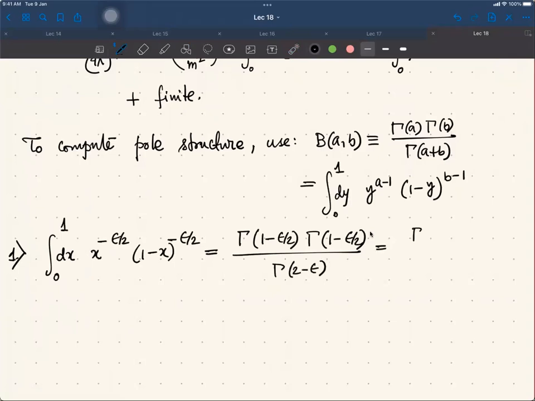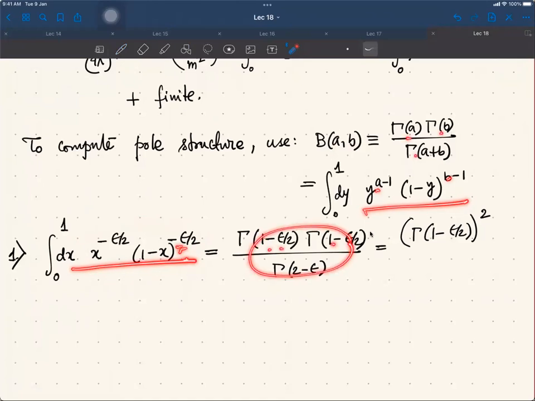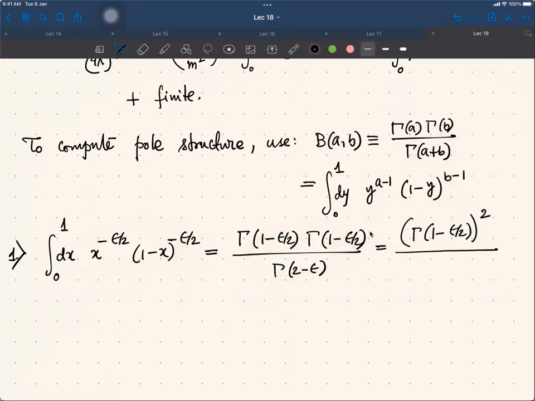So this is gamma 1 minus epsilon by 2 whole square. I'm just identifying the value of small a and small b by matching this form with this form, and then substituting those values of a and b here in this expression. And this gamma 2 minus epsilon can be written as 1 minus epsilon times gamma 1 minus epsilon.